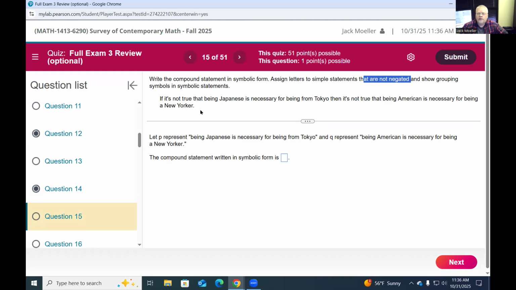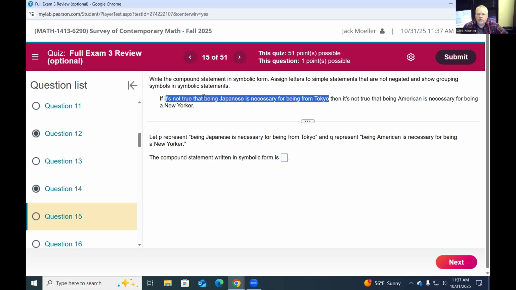All right, so what are our statements? So P represents being Japanese is necessary for being from Tokyo. So up here, it's not true that being Japanese is necessary for being from Tokyo. So what is that in terms of P? Well, it's a not.